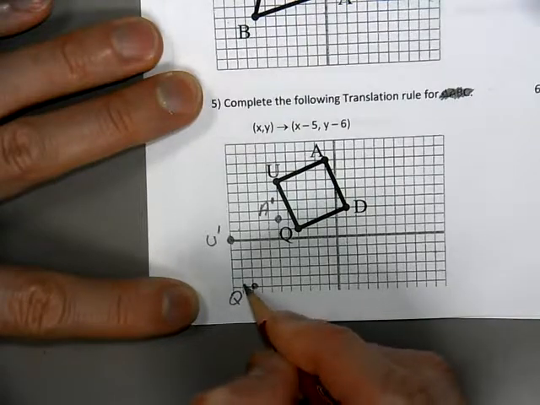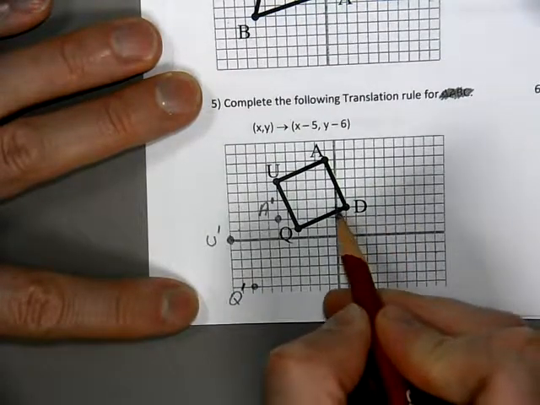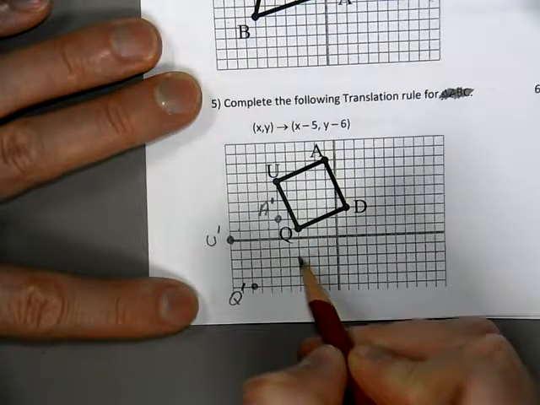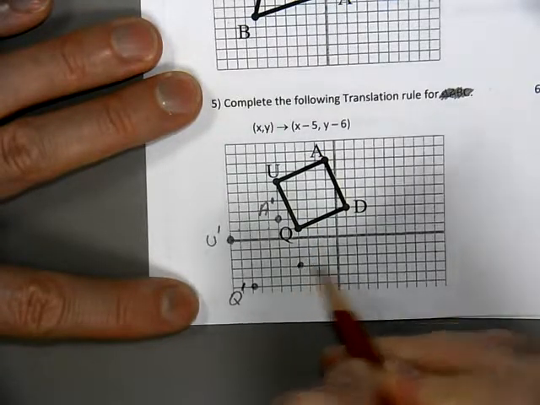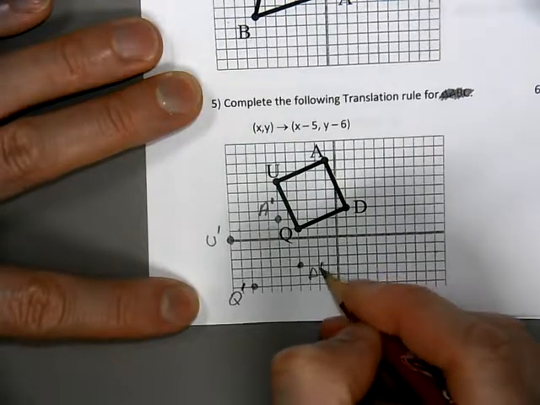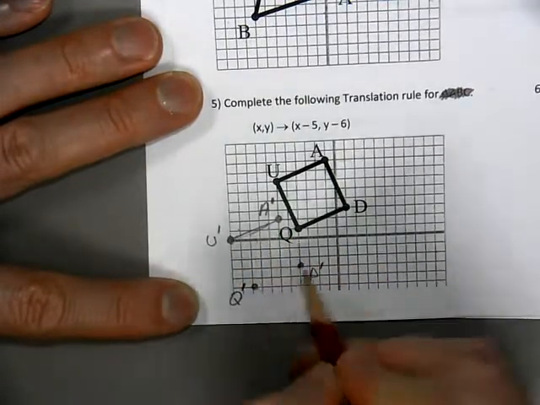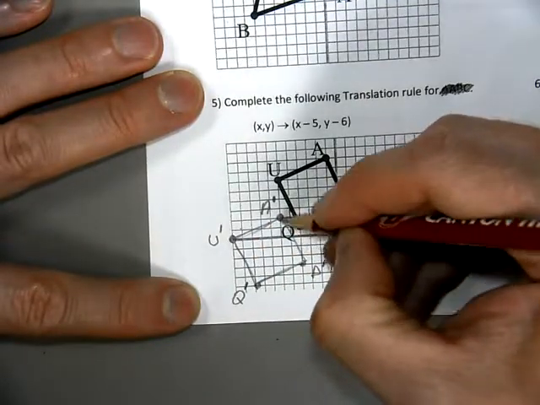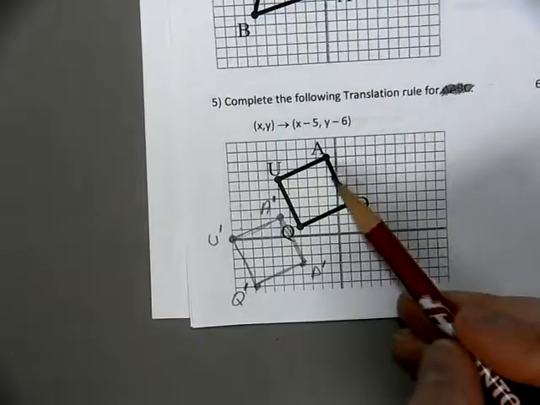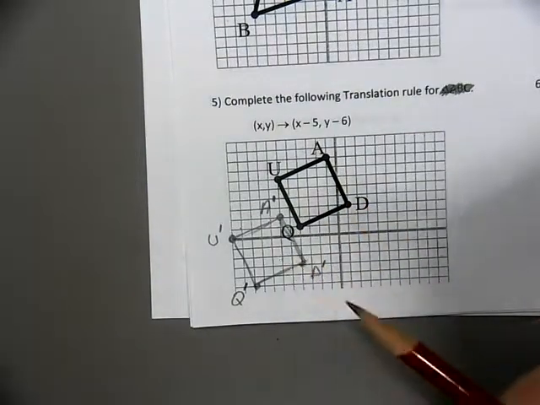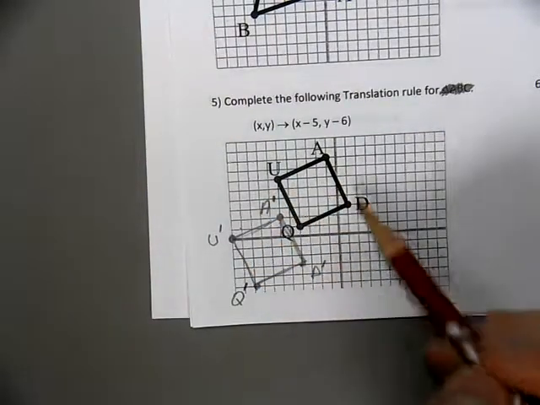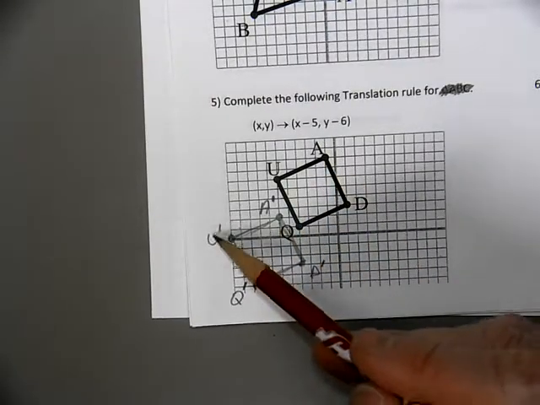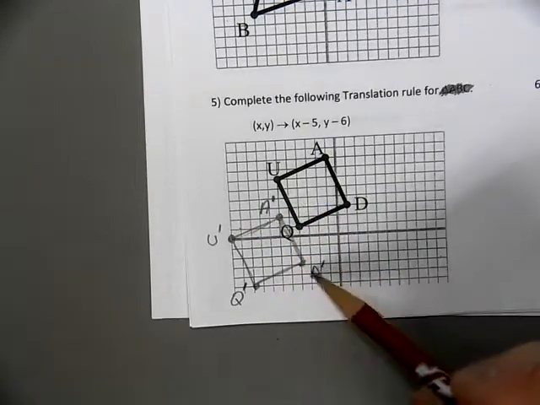Q prime. So we have our pre-image, and then we have our image. The image is going to have the letters in the same order, so Q, U, A, D, Q prime, U prime, A prime, and D prime.